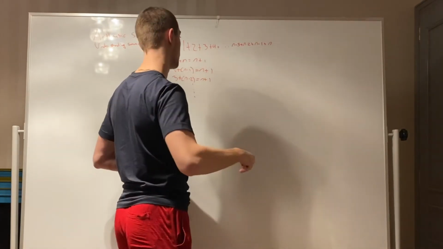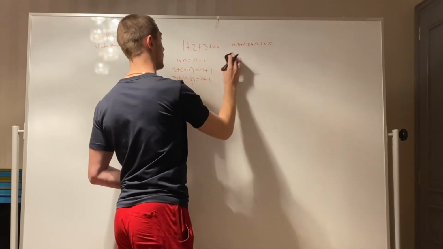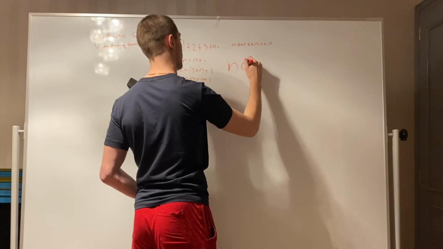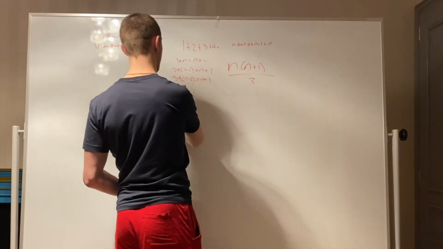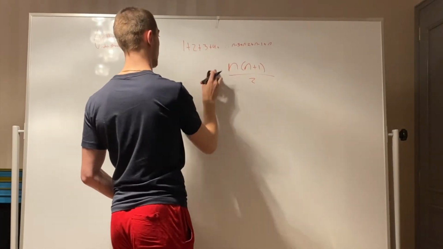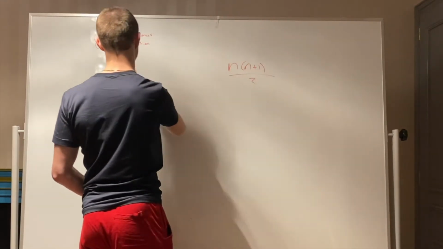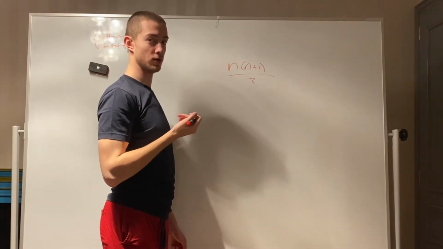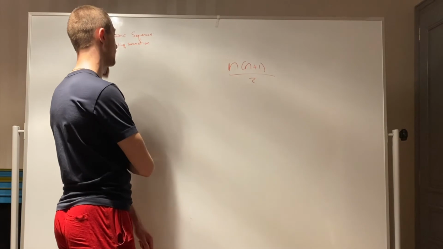And if you remember, what I just wrote was n multiplied by n plus 1 over 2. Now, why is this interesting? The reason is that although this is the sum of the natural numbers, this is also a way of finding certain numbers called triangular numbers. And the reason why they're called triangular numbers is best explained visually.